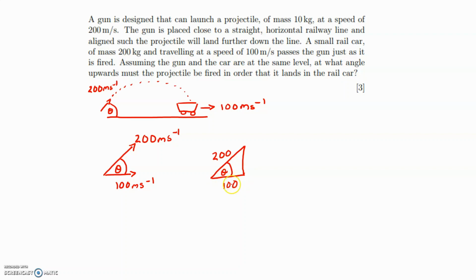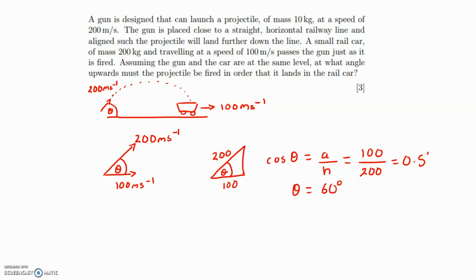We know the adjacent, we know the hypotenuse, so cosine of theta is the adjacent over the hypotenuse, which is 100 over 200, which is 0.5, and if we calculate theta, that gives us an angle of 60 degrees.